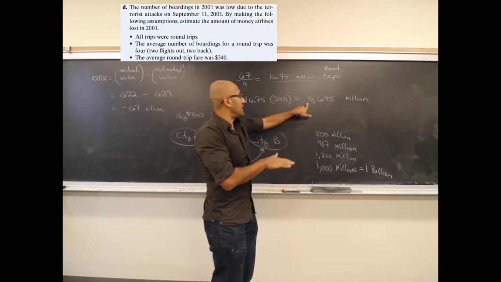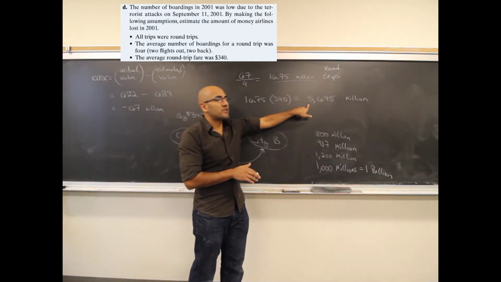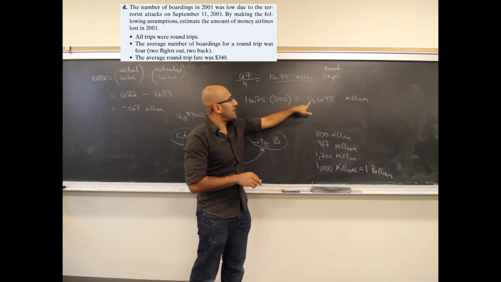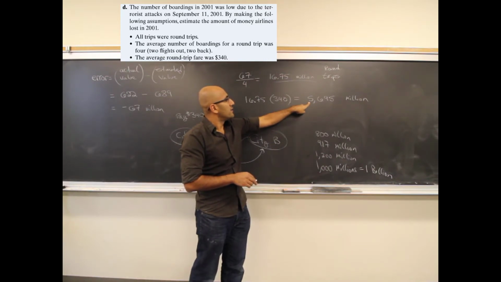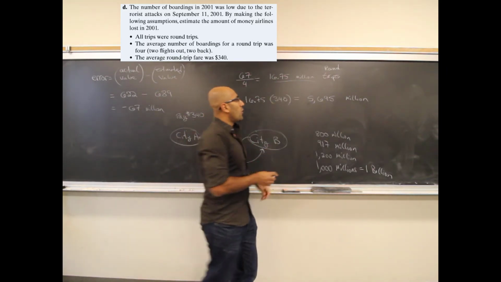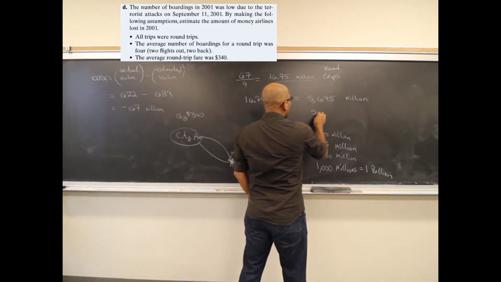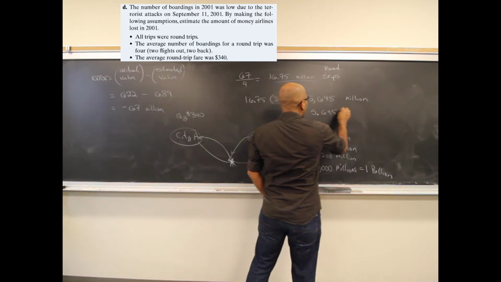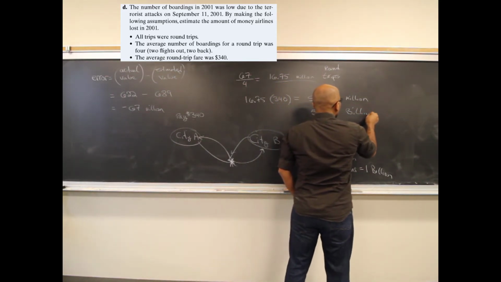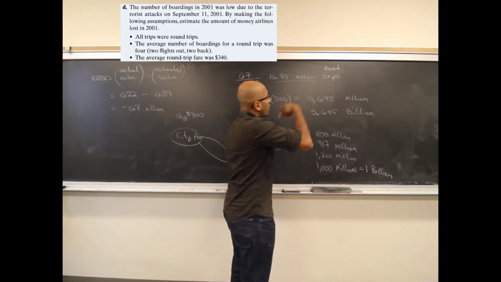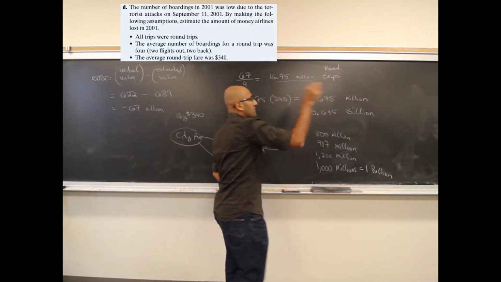I would accept that. I'm not going to penalize you if you gave me the answer this way. So airlines lost an estimated $5,695 million. Or you can write it as $5.695 billion. Or you could just go back to writing out the whole thing.